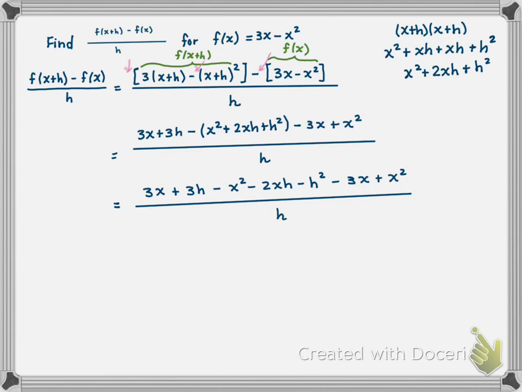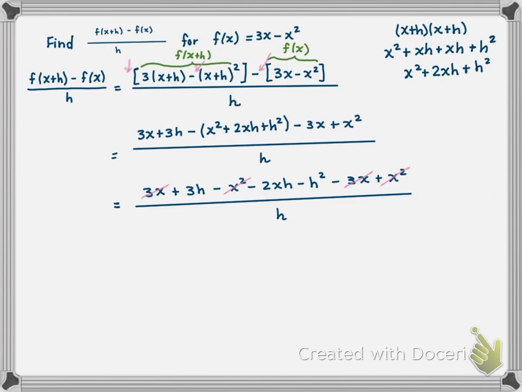We have 3x and minus 3x, so that adds to 0. 3h, no like terms with that. Negative x squared and positive x squared adds to 0. Did everything that doesn't contain an h go away? 3h contains an h, right?